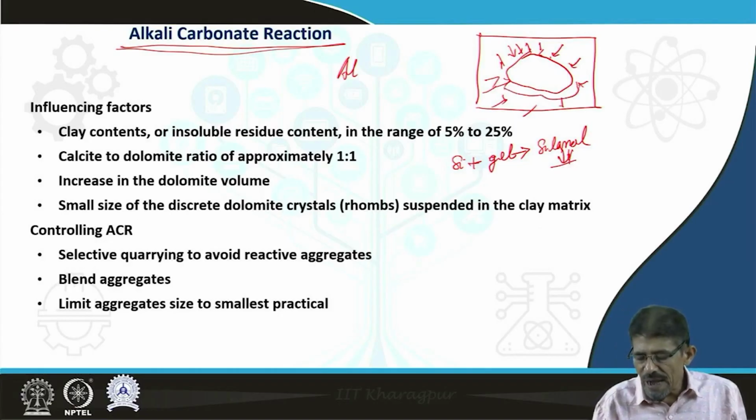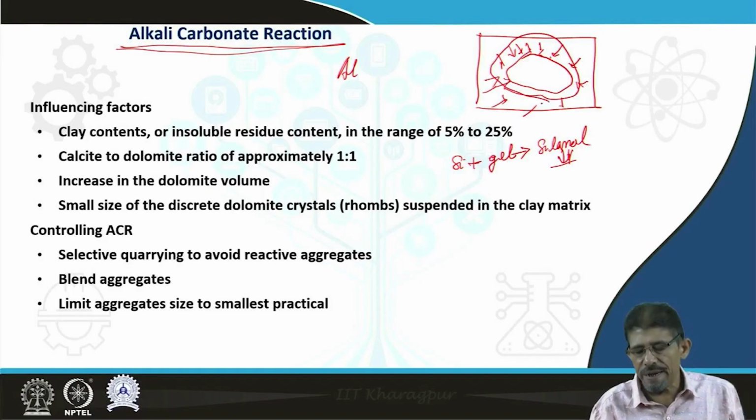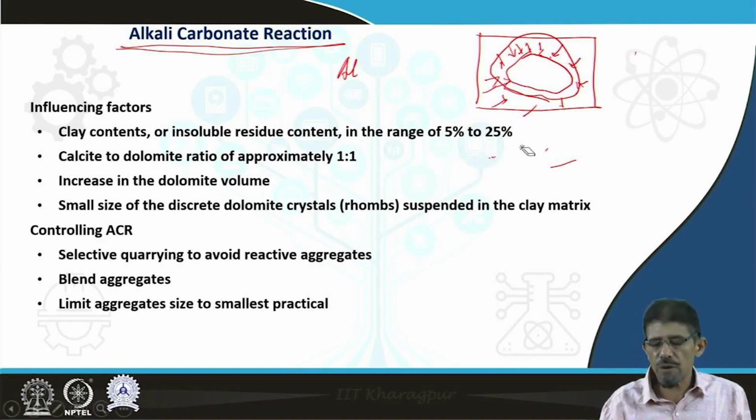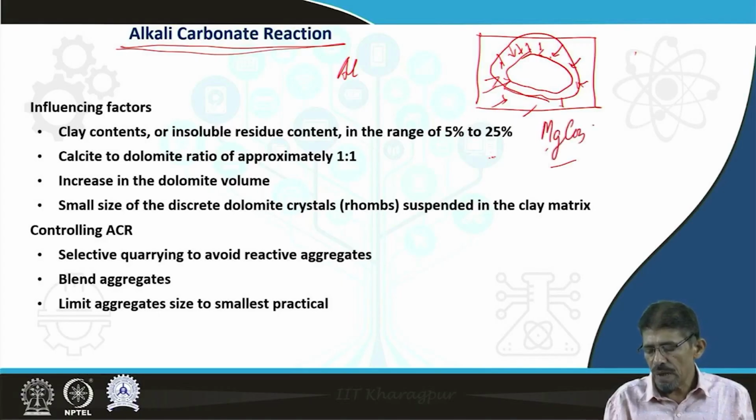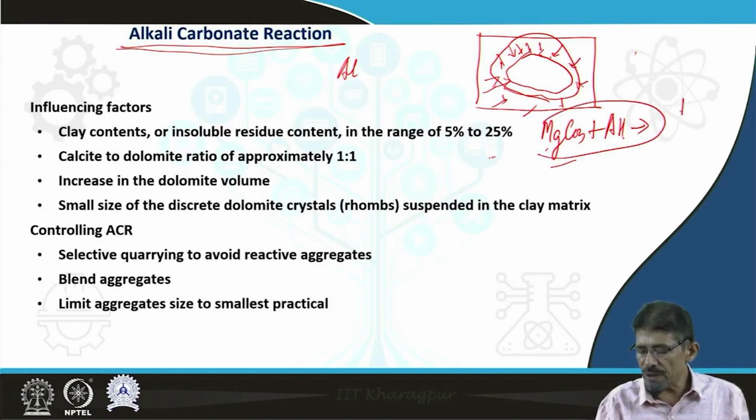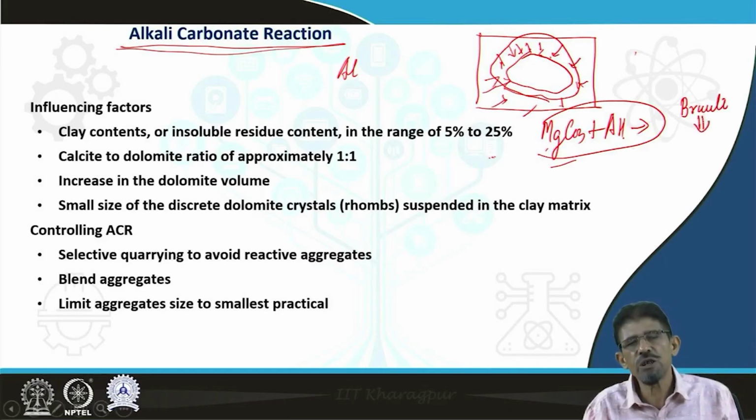But in case of carbonate aggregate, there is a formation of brucite. When this carbonate, suppose this dolomitic MgCO3, is going to interact with the alkali hydroxide, due to this there is a formation of brucite, and brucite has a tendency of expansion in volume.